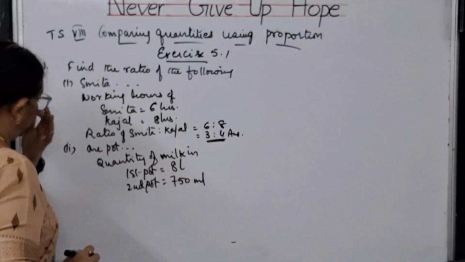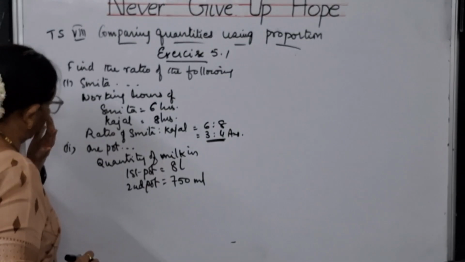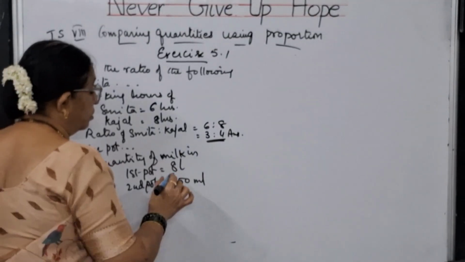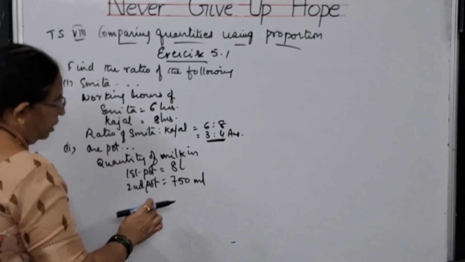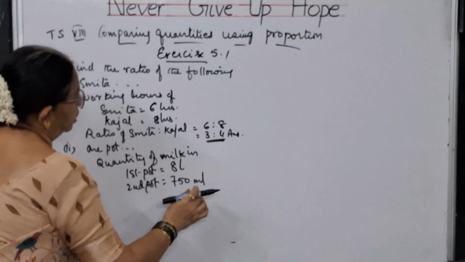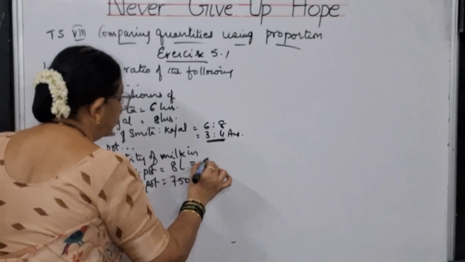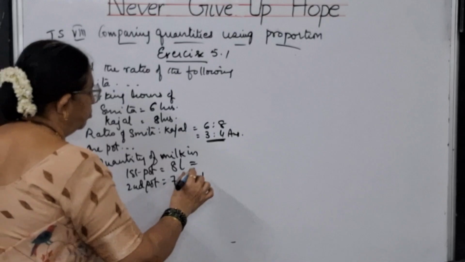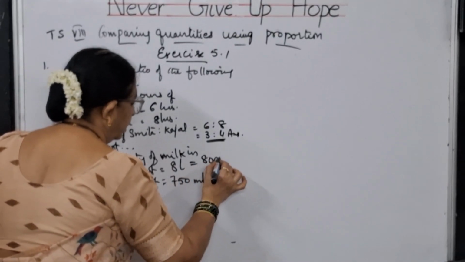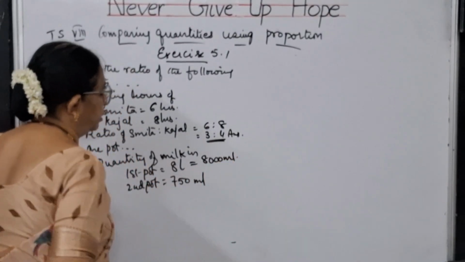So children, the ratio can be made only with the similar units. Here it is liters, here it is milliliters. So convert 8 liters into milliliters, that is 8000 milliliters.